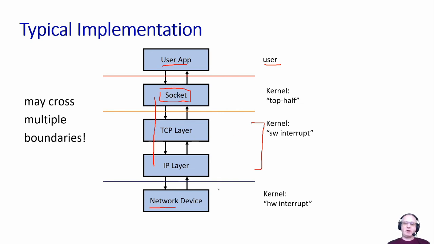And the opposite path needs to take place as well, but it's a little bit more subtle, because the question is in what context the necessary processing should be performed. Typically, if data arrives on a network device, an interrupt will be triggered.